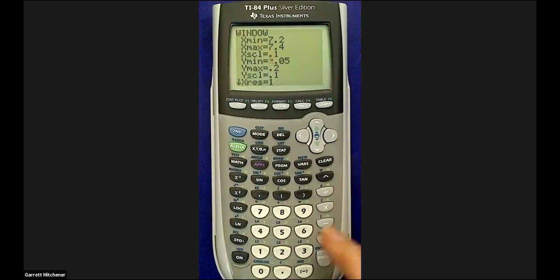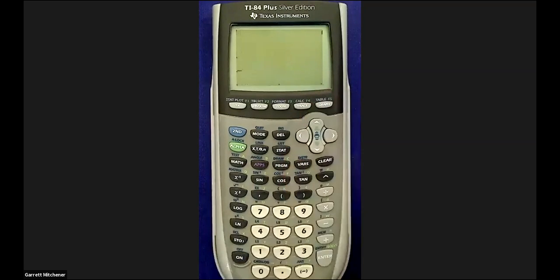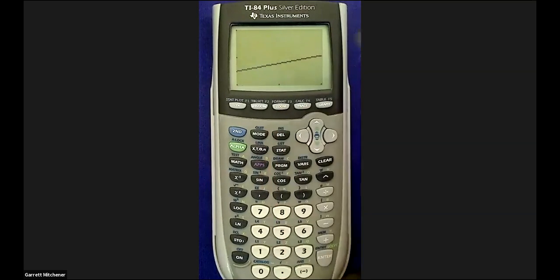Let me set this to, say, y min of 6.3 and a y max of 6.5. That should give us enough space to see it. So now let's draw the graph. And there it goes. It's a boring looking graph. But it should be clear that yes, the minimum is here on the left endpoint and the maximum is here on the right endpoint.